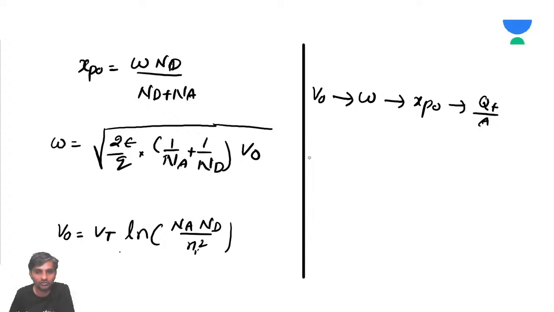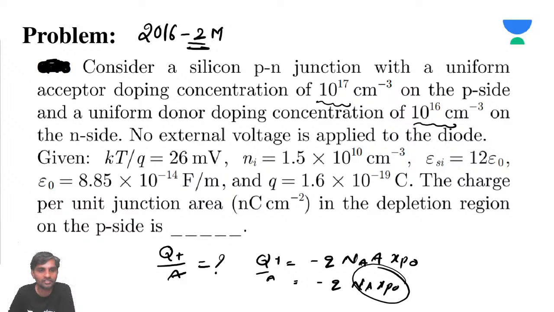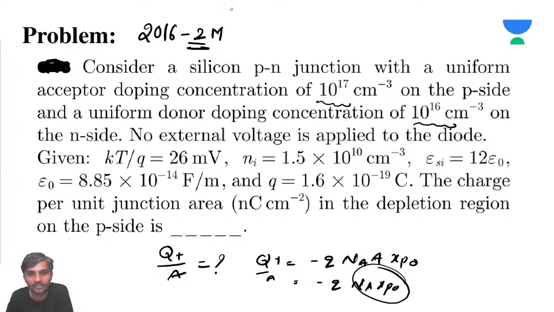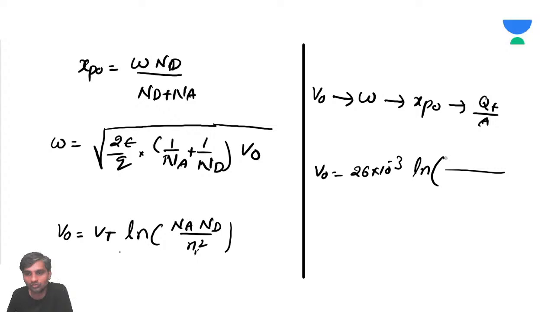So what is the V naught value? Now substitute, simply you'll get V naught is equal to Vt, which is 26 millivolts. Did he give? Yes, 26 millivolts he has given. It's going to be 26 into 10 to the power minus 3 into ln of Na and D. One is 10 to the power 17, the other one is 10 to the power 16, by Ni, which is 1.5 into 10 to the power 10, whole square.